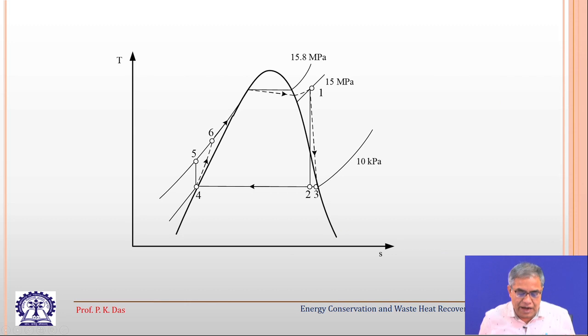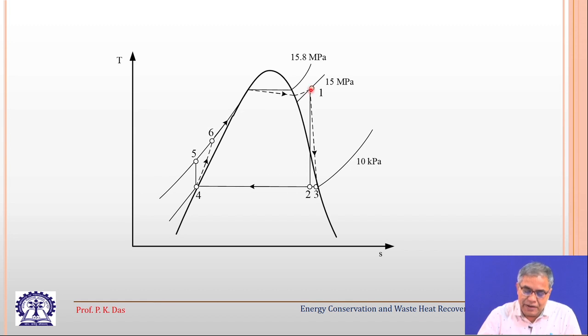So, here I have shown a TS diagram of the working cycle, which is very conventional for Rankine cycle, and in the TS diagram what we can see, this is the condition of the steam at the entry of the turbine, that is state 1.